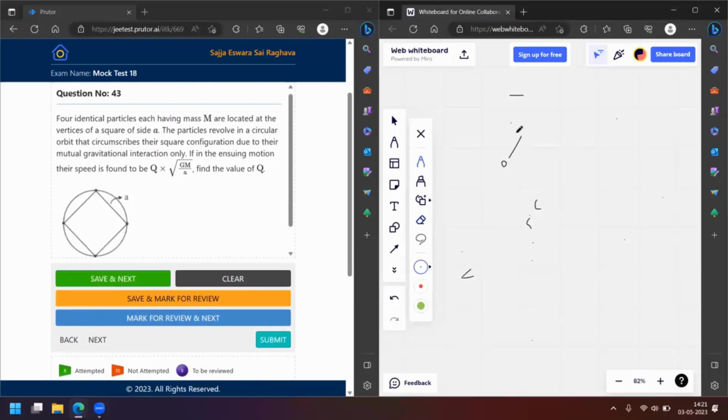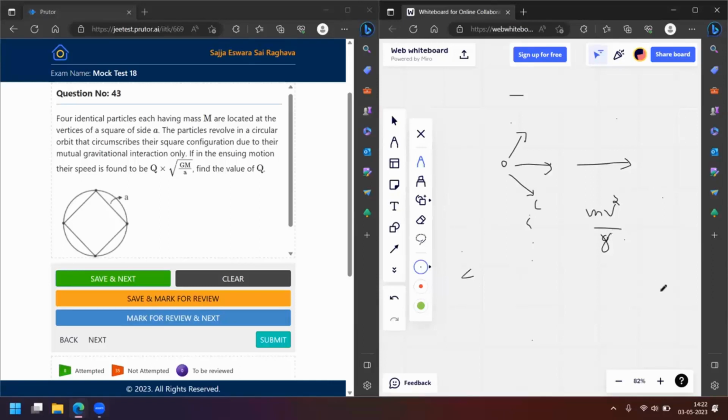Here the gravitational pull will be on this side, this pull will be on this side, and the overall force will be this. And this is equal to the centripetal force, which is mv square by r. Given it is a square of side a, we can get r as a by root 2.